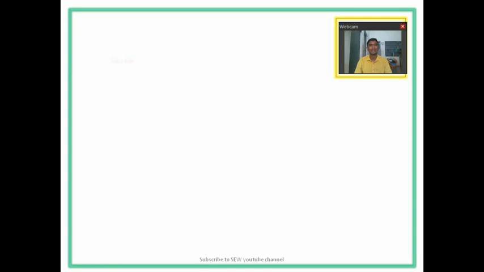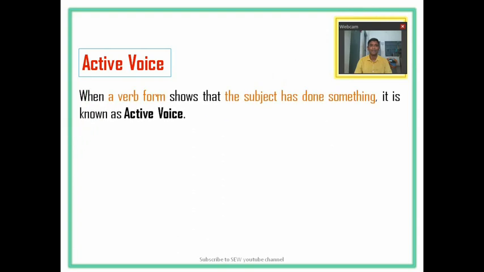Okay, so another very important term is active voice. What is active voice? When a verb form shows that the subject has done something, it is known as active voice. So if the subject does something, that will be in active voice form.